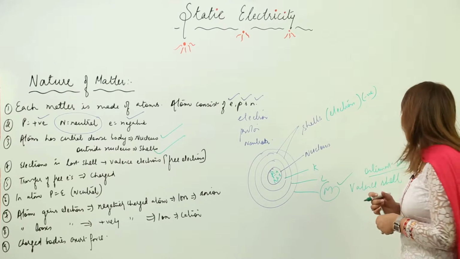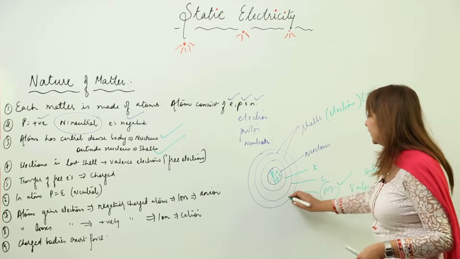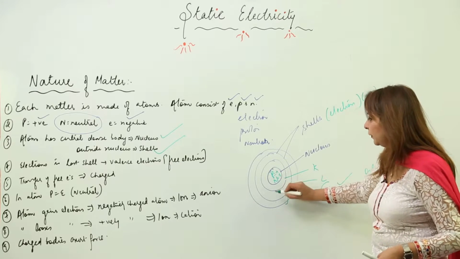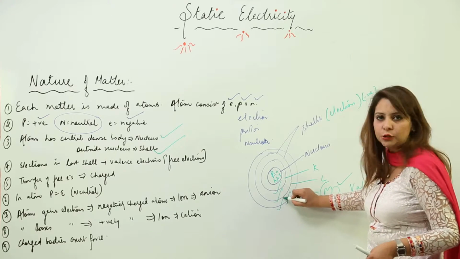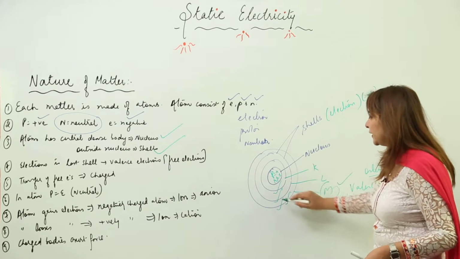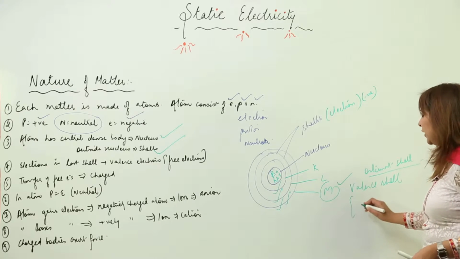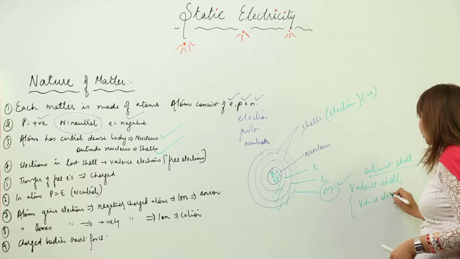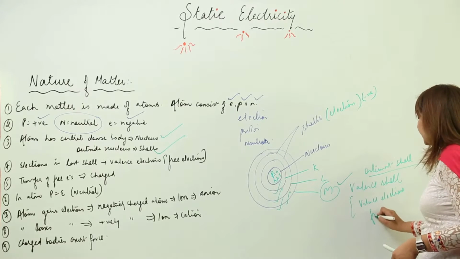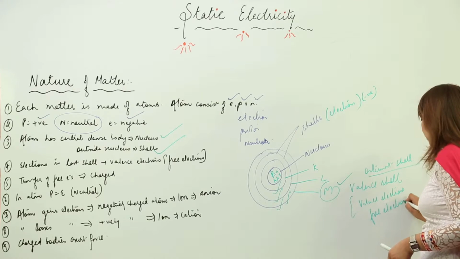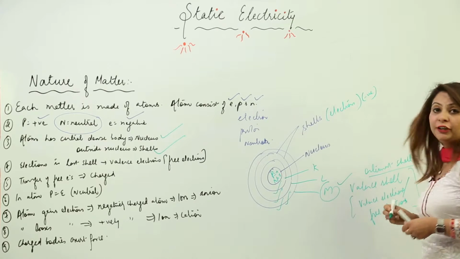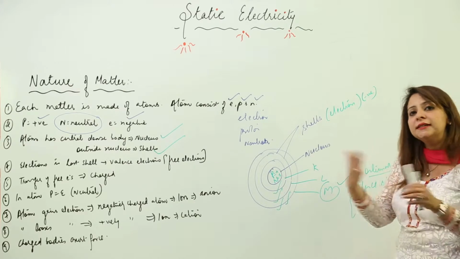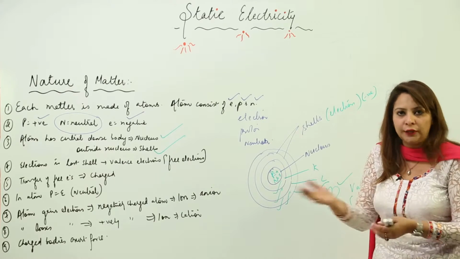The electrons which are present in the last shell, that is in the valence shell, are called valence electrons, or we can also call them free electrons, because these electrons can be easily transferred to any other body.